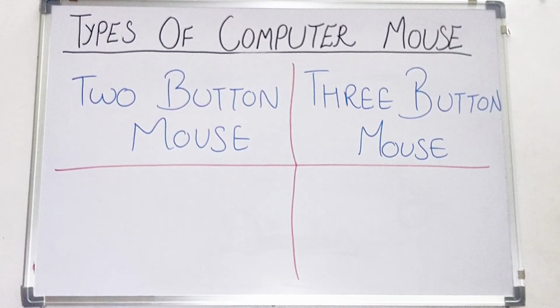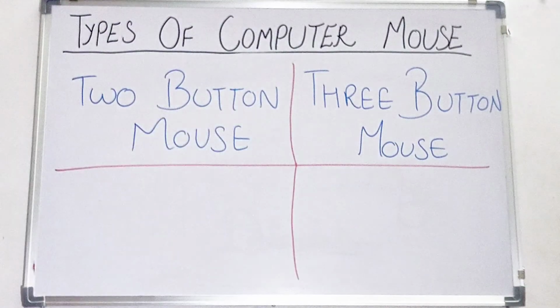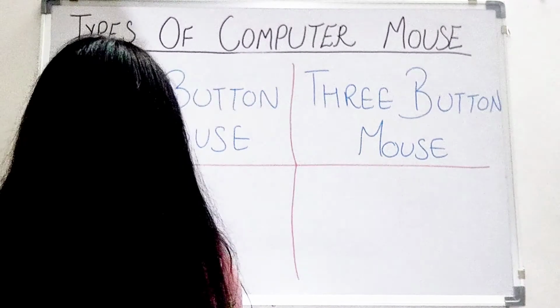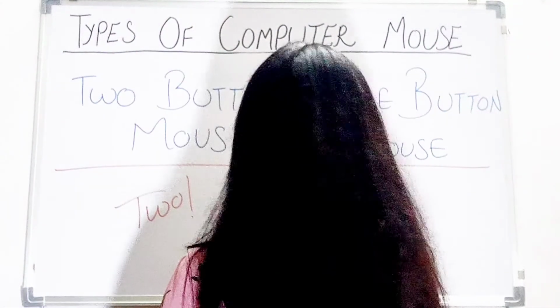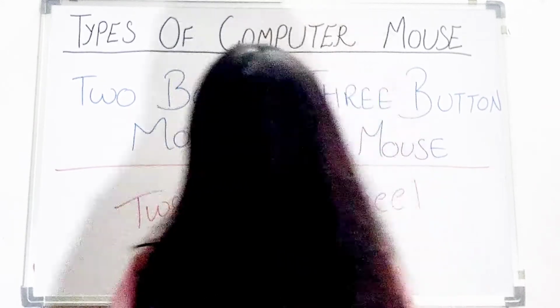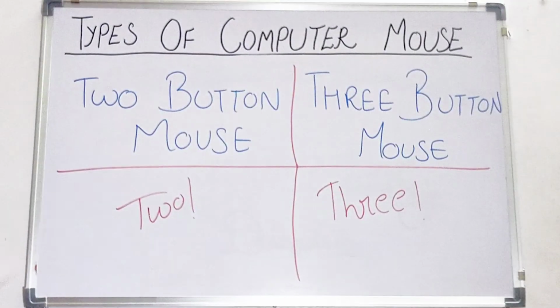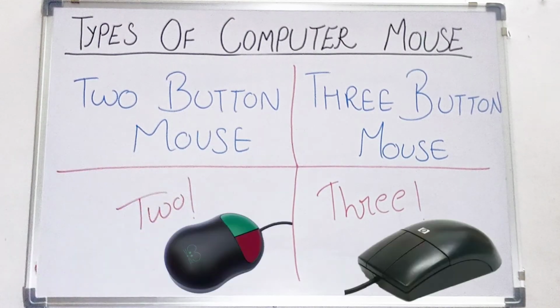The first one is the 2-button mouse and the second one is the 3-button mouse. The 2-button mouse has 2 buttons, and the 3-button mouse has 3 buttons. These devices are no longer used these days.